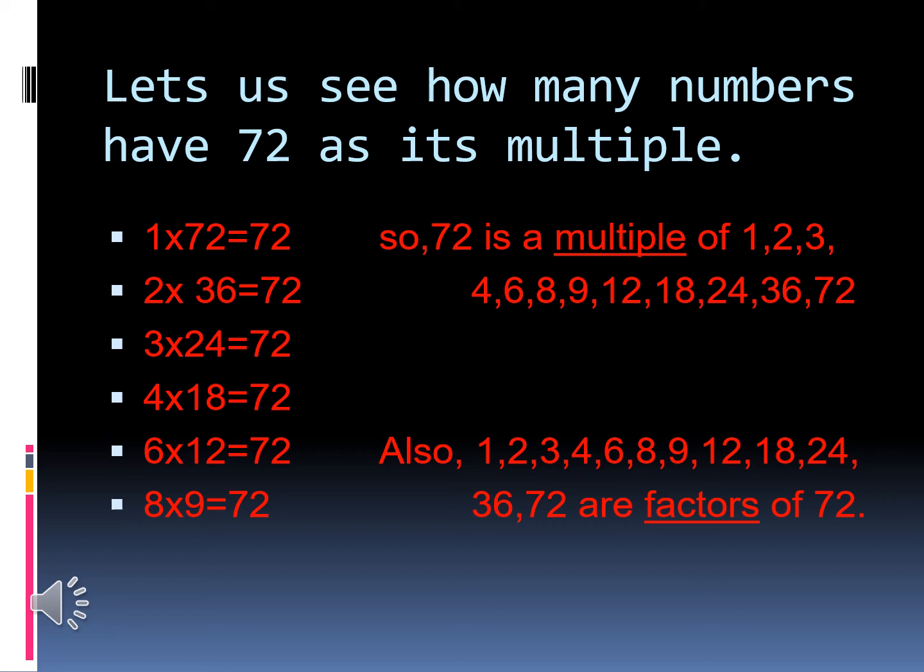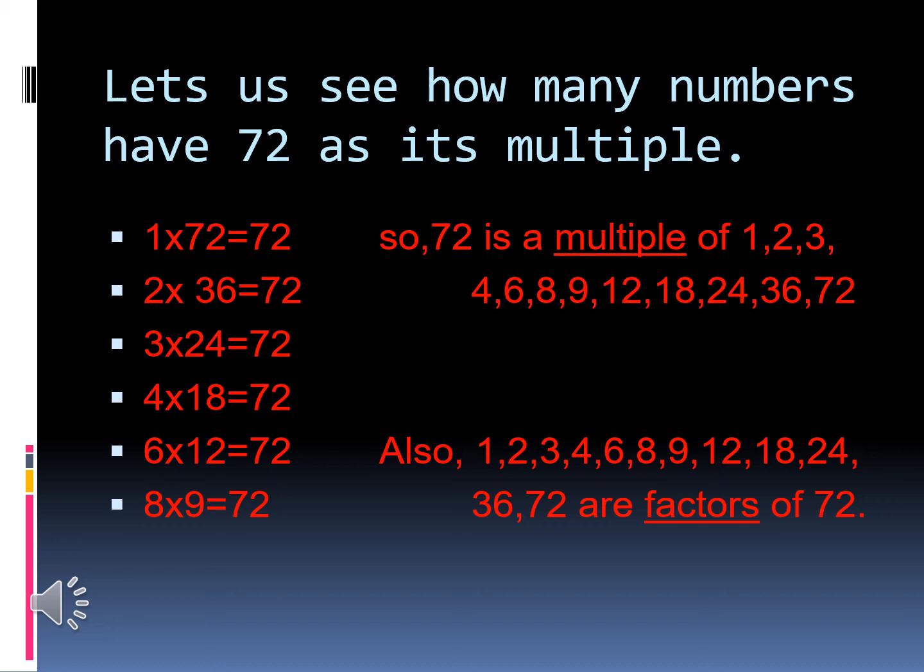And between 9 and 12 there are numbers 10 and 11. You don't need to check those numbers, as they will not give you any multiple as 72. So this is how the numbers get decreased and we get a limited number of factors.